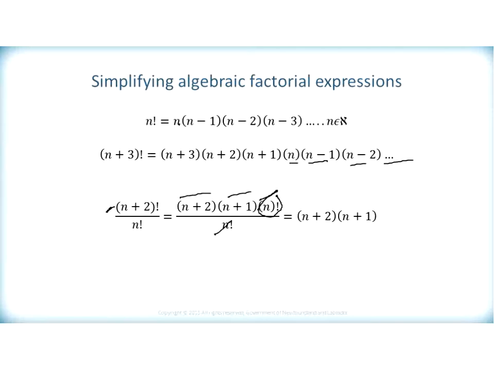And we could cancel these. We're left with n plus 2 times n plus 1, which, in multiplying binomials, is n squared plus n plus 2n plus 2, so n squared plus 3n plus 2.